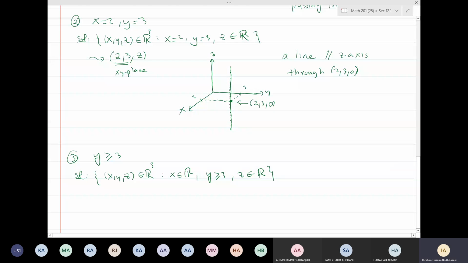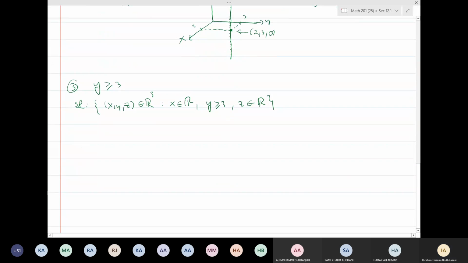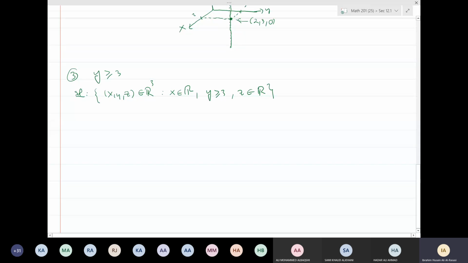But I need to sketch these. How to sketch these points? Exactly the same idea in all of them. I have to start with the floor, the XY plane. So here I will just do it in orientation.